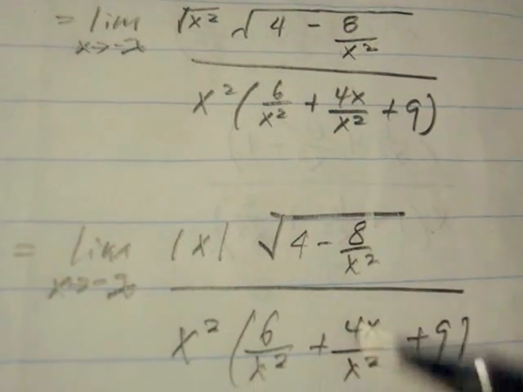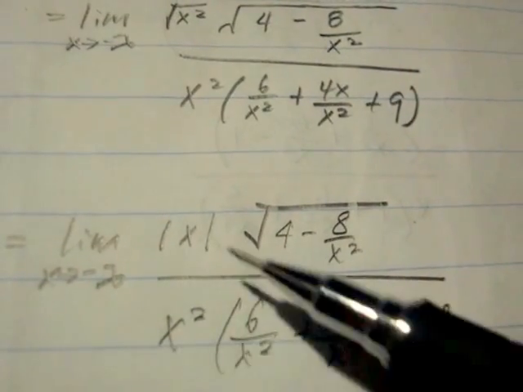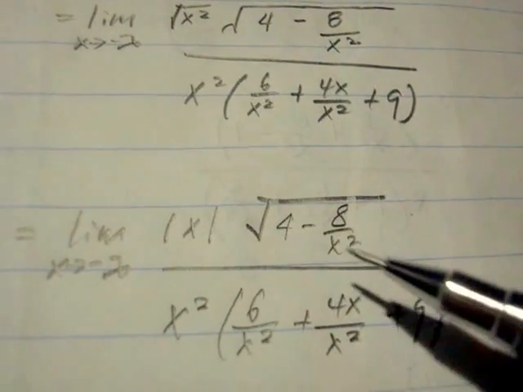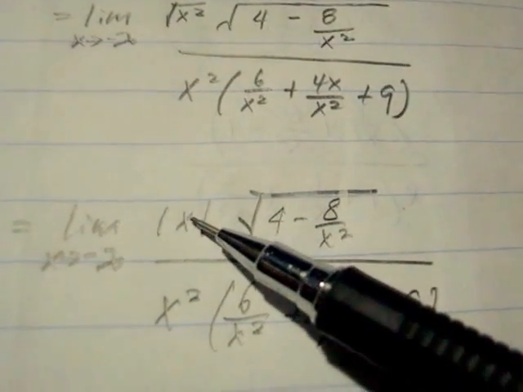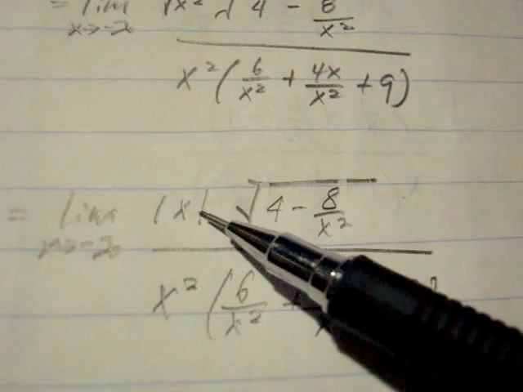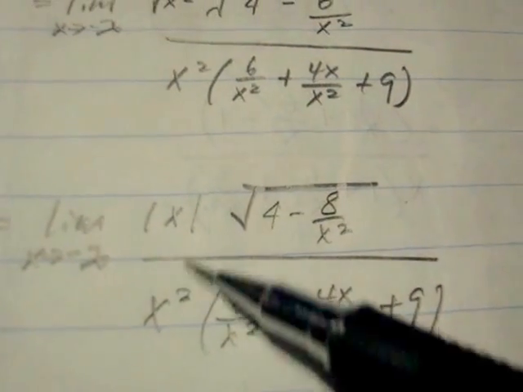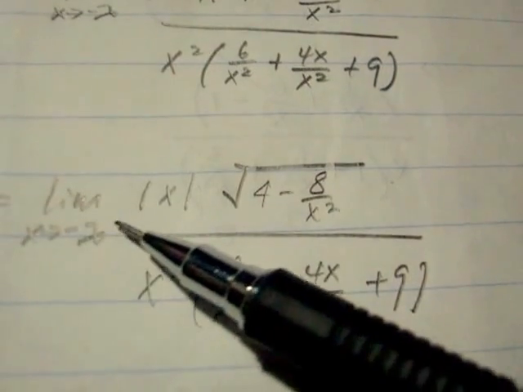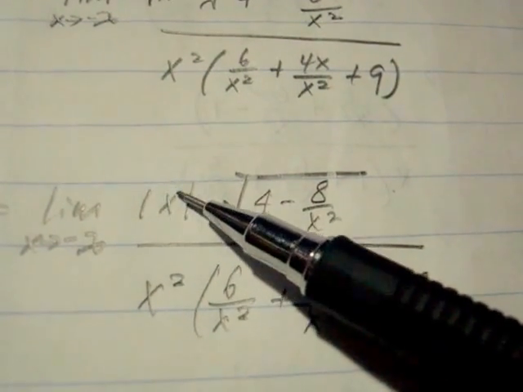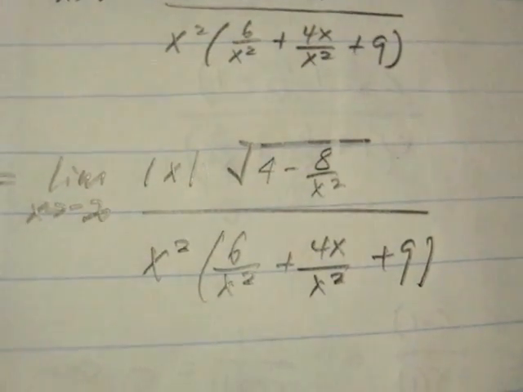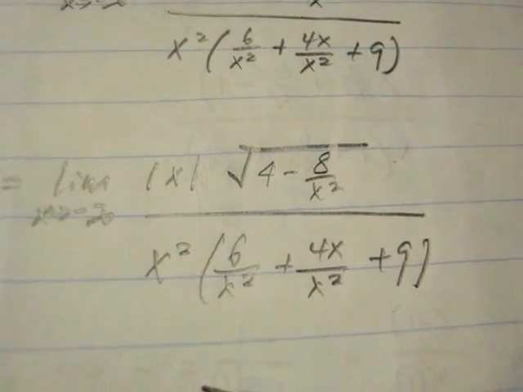Once you have that, you can actually take the limit for this expression. But before you do that, you need to get rid of the absolute value bar right here. As you take the limit as x approaches infinity, the absolute value of x will be x, right?